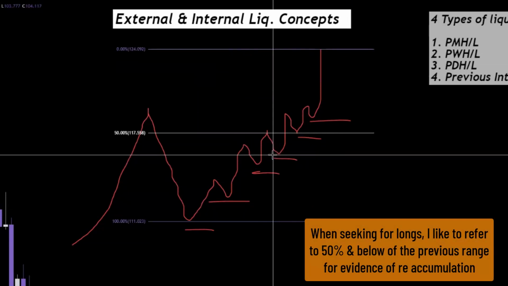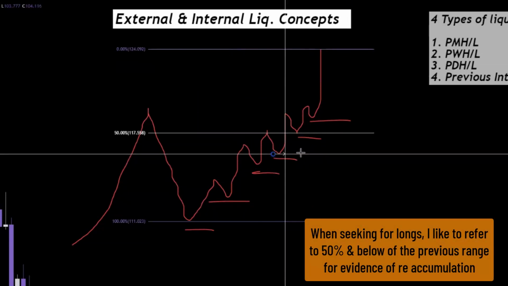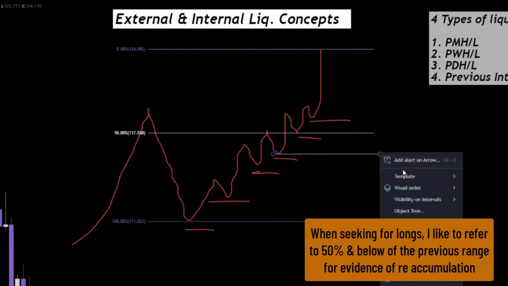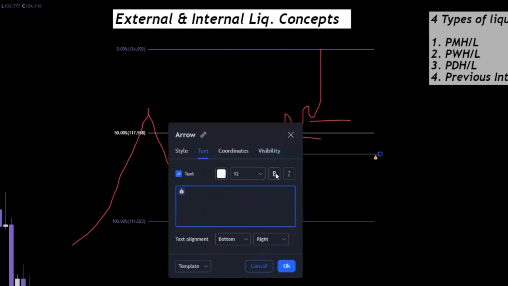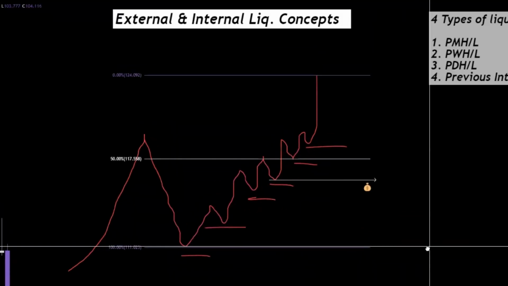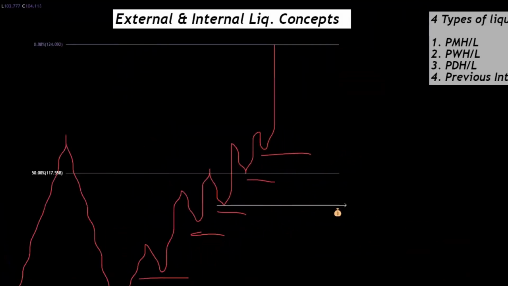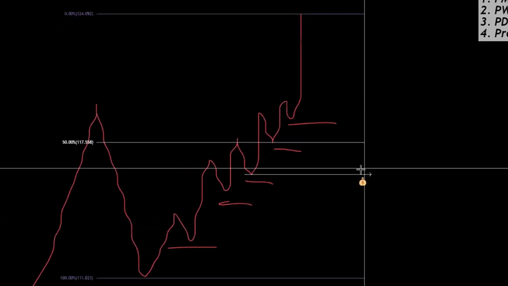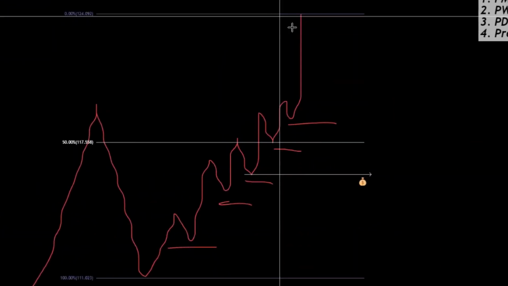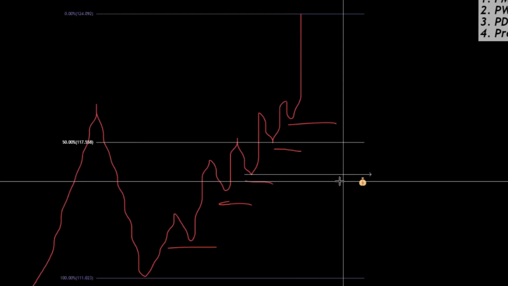Right, 50% and below would be this low here. That would be our internal liquidity level there. Okay, so that's what I consider internal liquidity for me.